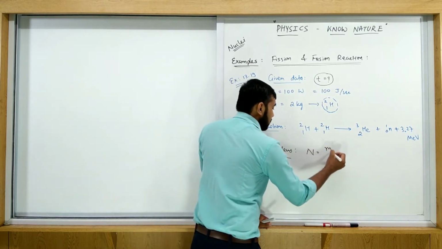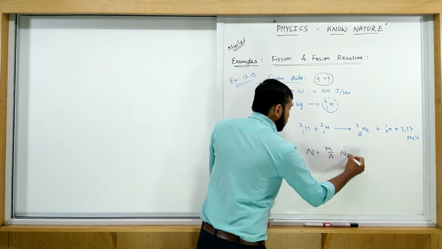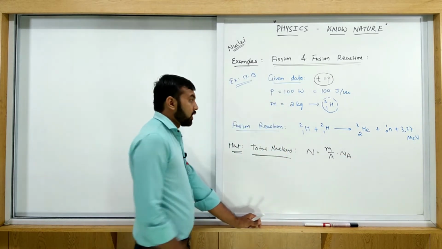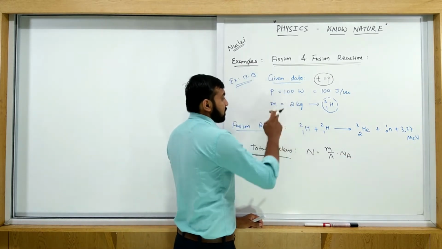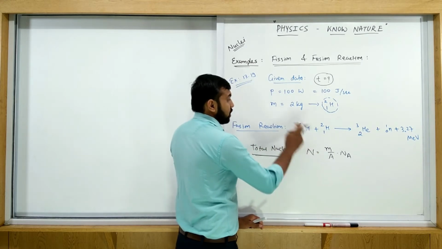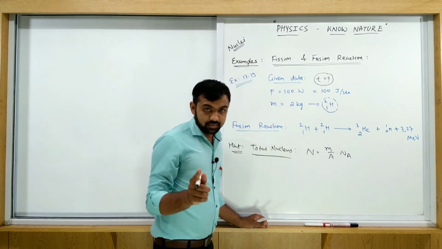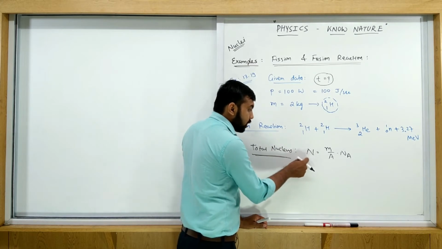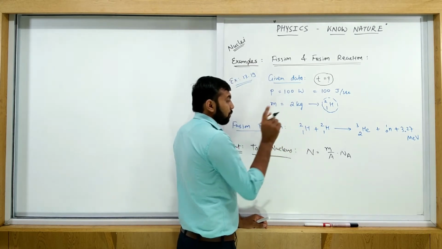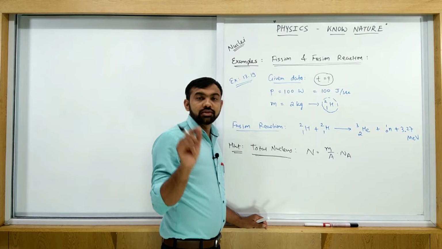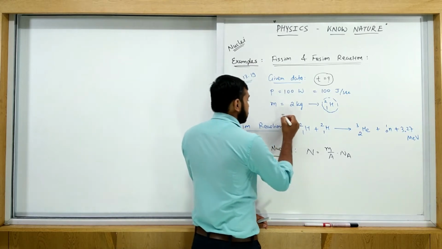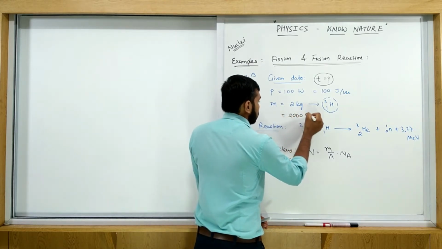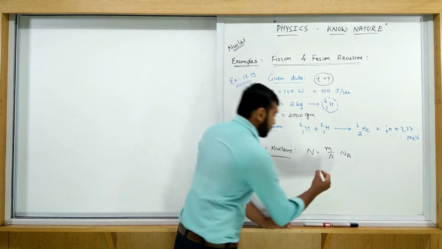So N is equal to M upon A into Na. What is M? That is 2 kg, but when you use this equation, you must write the value of mass in grams. So 2 kg means 2000 grams.